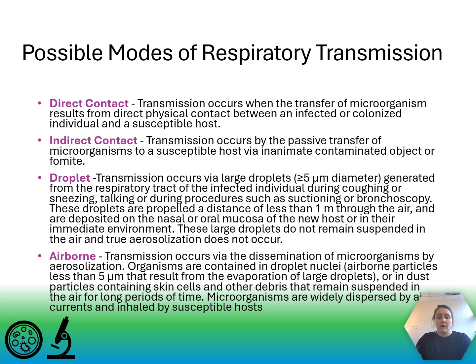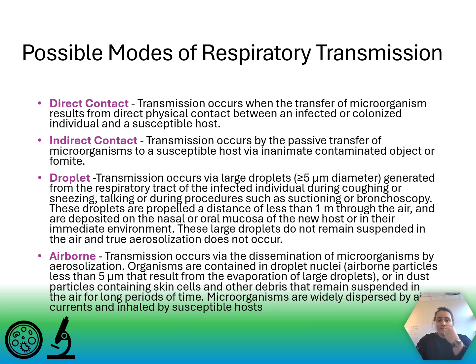We can also have droplet transmission, which is very important. So large droplets that are greater than or equal to about 5 micrometers in diameter come out of the respiratory tract and have water vapor associated with them. If you think about coughing or sneezing, you're not just sneezing dry air. You're sneezing a lot of water vapor that contains a lot of those microorganisms.